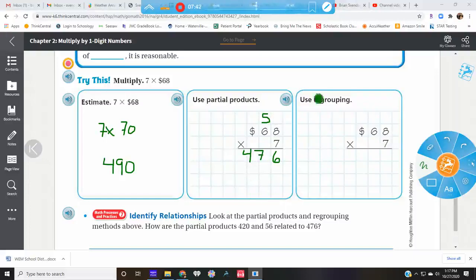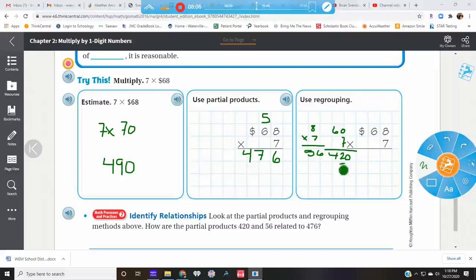Oh, I did that wrong. There's my regrouping. Here's our partial product. We're going to go 8 times 7 is 56, and 60 times 7 is 420.